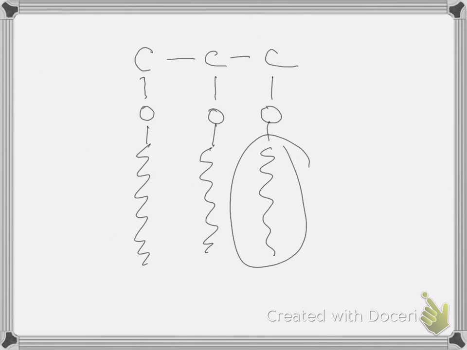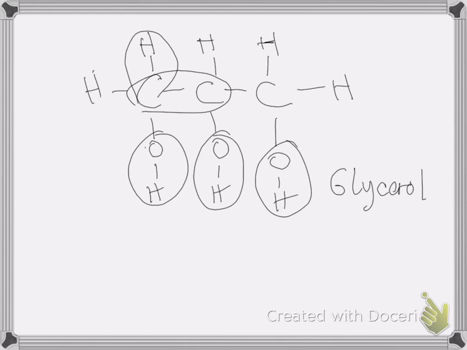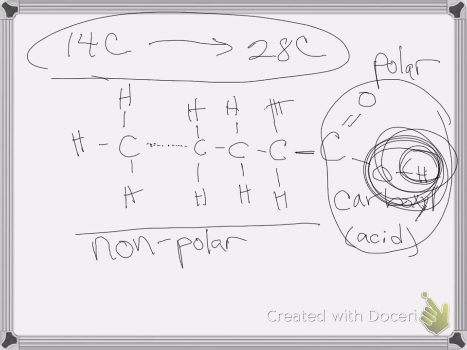So when I attach a fatty acid to glycerol, all I have left is an oxygen without a hydrogen attached. And I got rid of the polar part of both the glycerol and the fatty acid. So how much polarity is left? Like none.